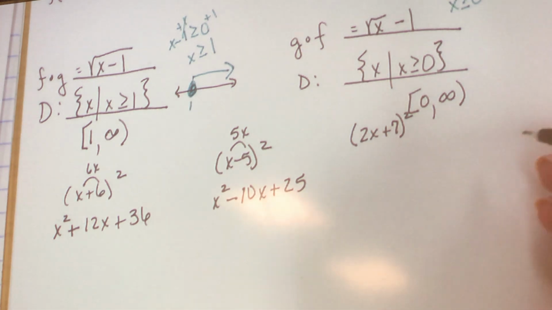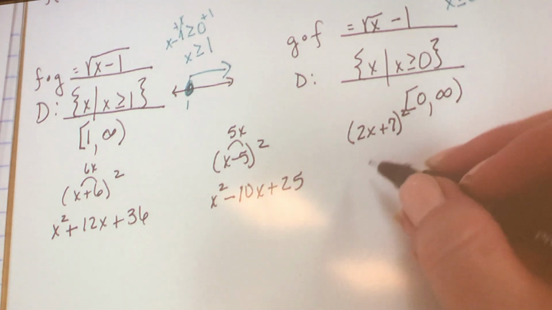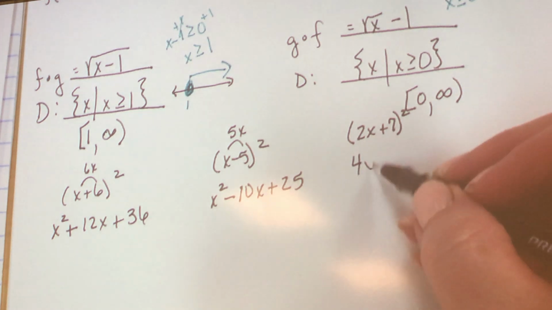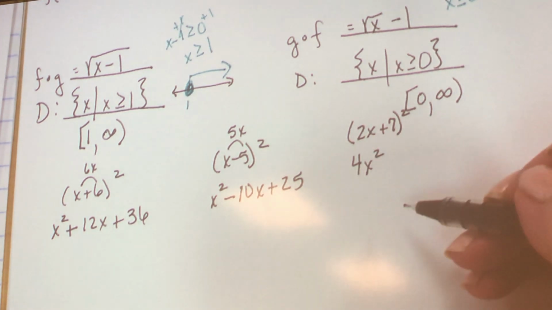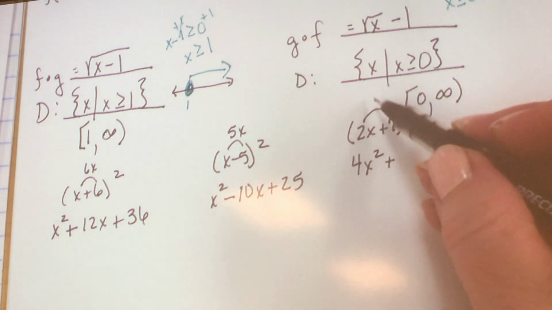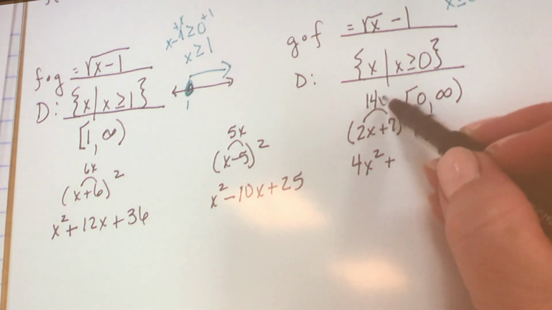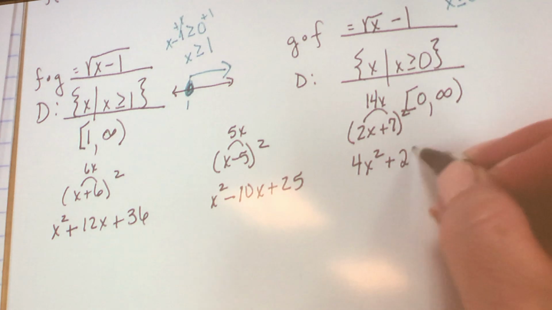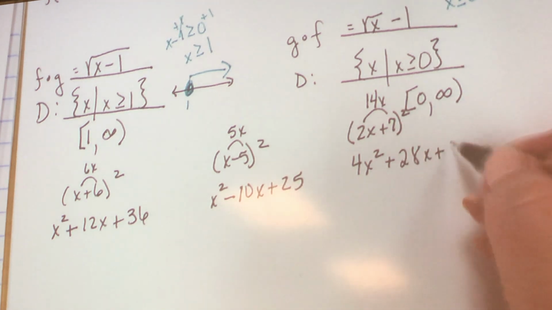Okay, you got it? Square the first, tell me what you get. 4x squared. Remember to square everything. Keep the sign. Plus, twice their product. Their product is 14x. What's twice that? 28x. Plus, square the last: 49.